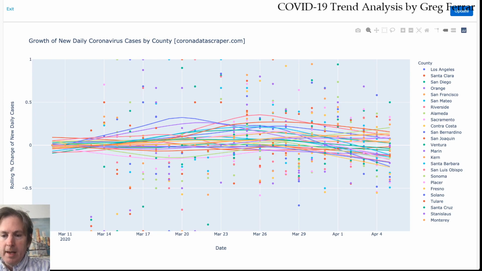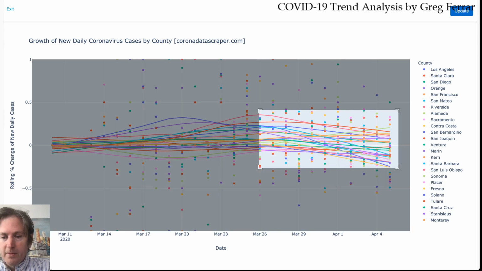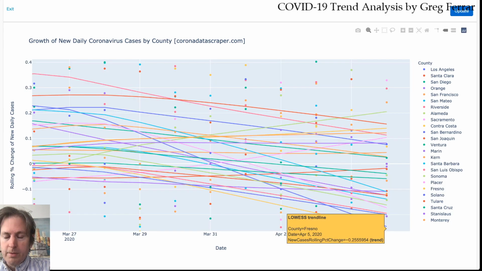So, it's clear today that most of the counties, and these are the top counties, I believe, maybe these are all the counties, most of the counties here are below zero. Most counties on this list have negative growth of new cases per day. So California as a whole is looking pretty good.